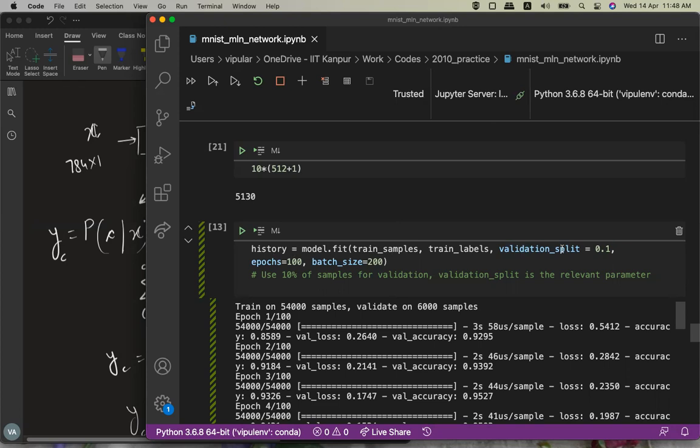It means I do not train over all of it. In the beginning itself, I will split my data randomly, so the 60,000 are split into 54,000 and 6,000. I train on 54,000 and validate on 6,000. These 6,000 answers I do not show to my model. I only show the 54,000 target labels to my model, so that it can learn from them.